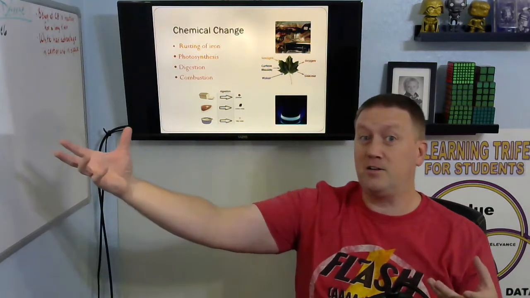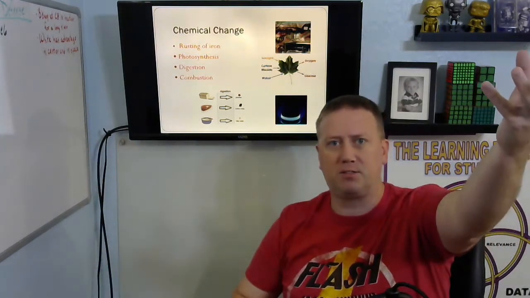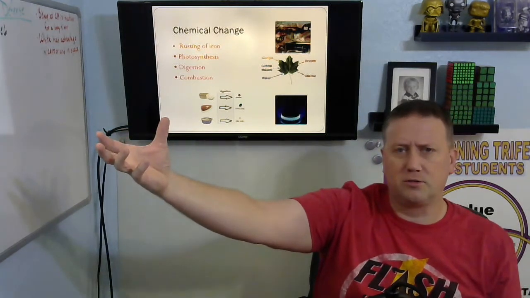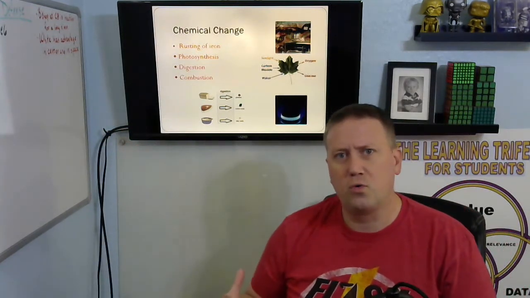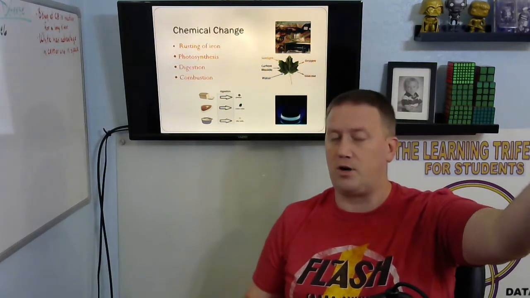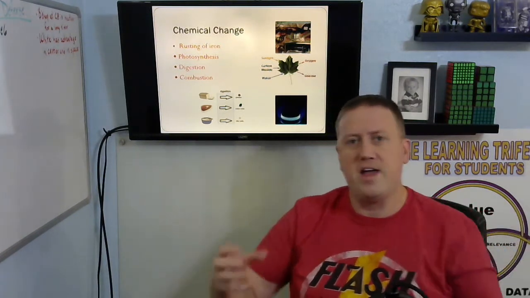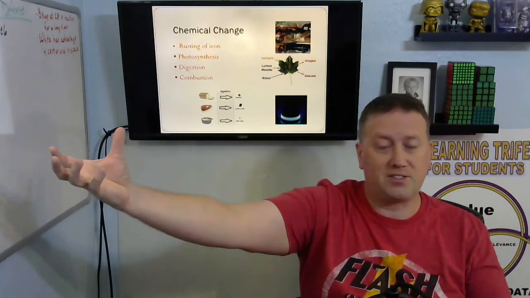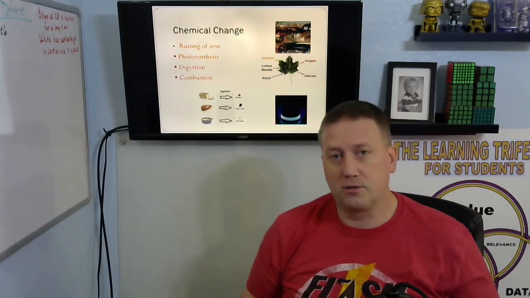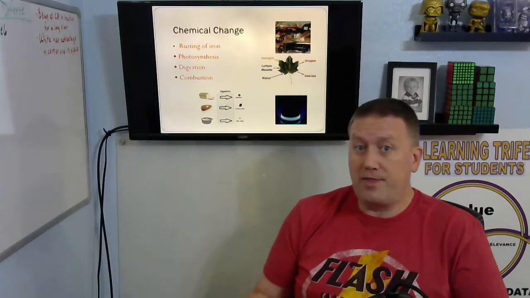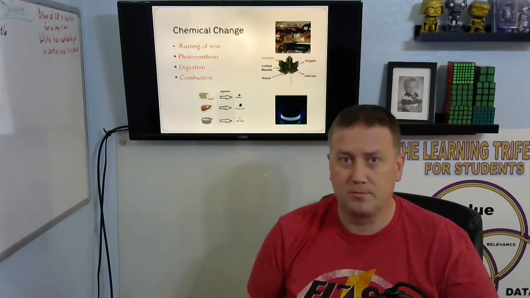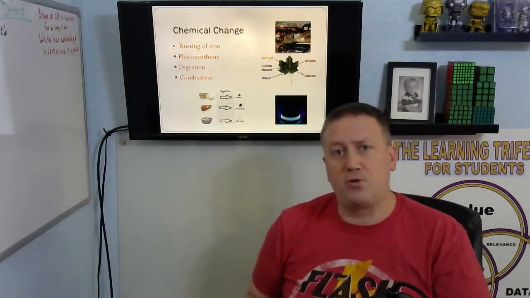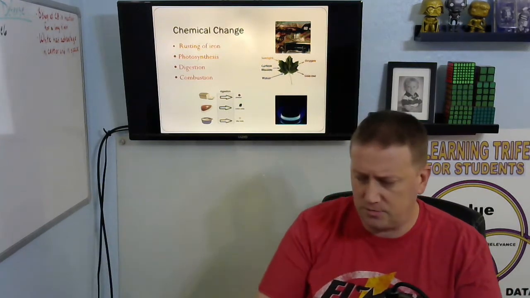In the end, you get oxygen gas and carbohydrates, which is glucose. So you're starting with carbon dioxide and water, and you're ending with two new substances, oxygen gas and glucose. That's a chemical change. You're taking a substance, undergoing a chemical reaction to form a new substance.